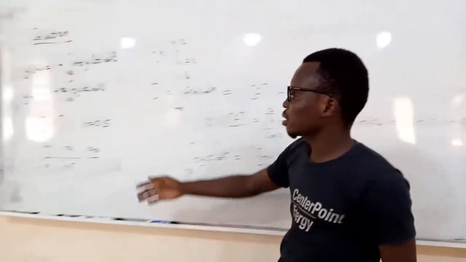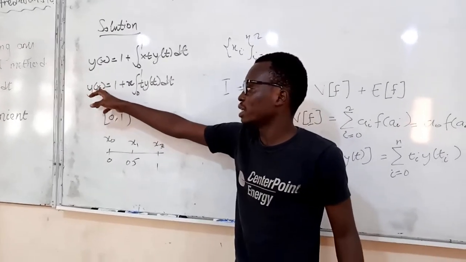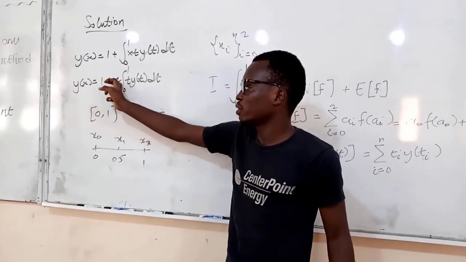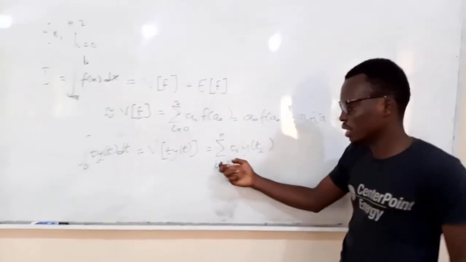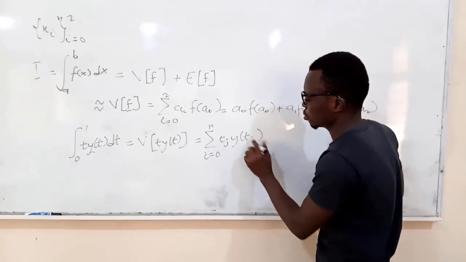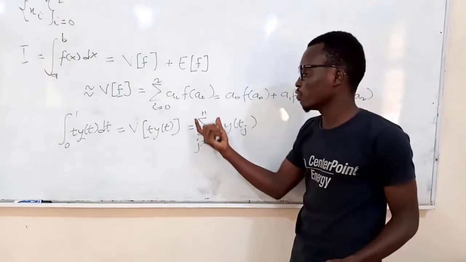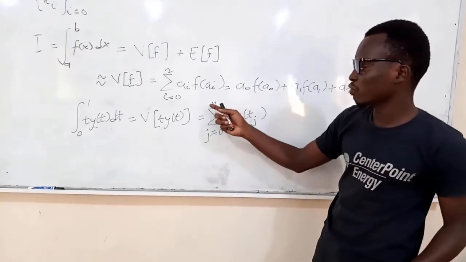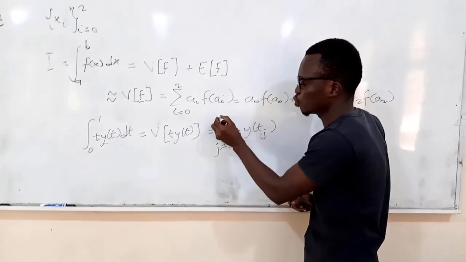Since there's an s here, we are going to use i as an index for that. Then let's use j for the index. Let's change the indexes here to j's. So j equal to 0 towards n. We said the n is equal to 2. So this n becomes 2.